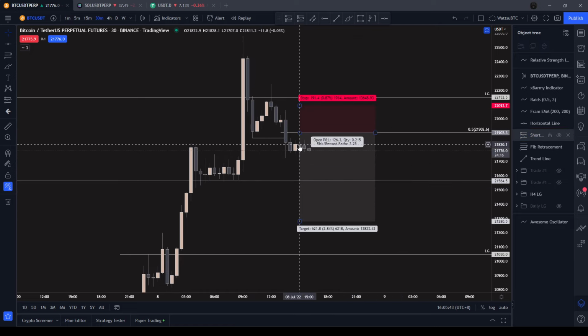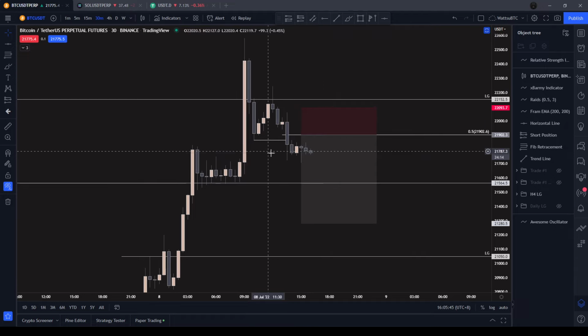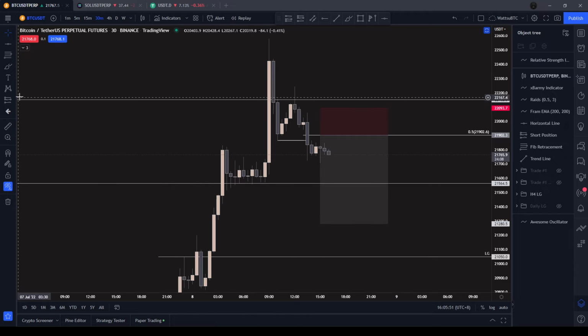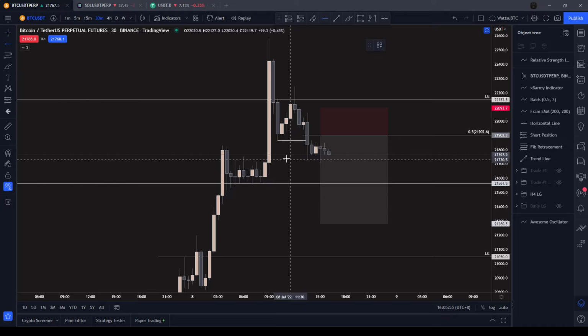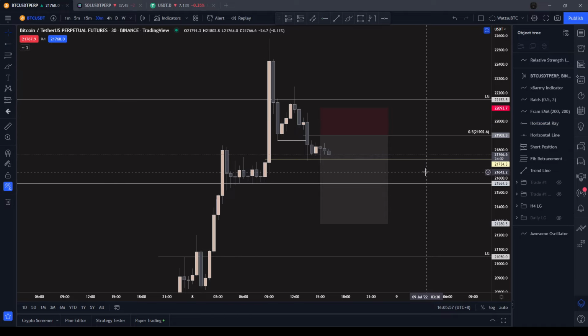Actually, okay, let price close below this LG first, so that we can confirm the move down.